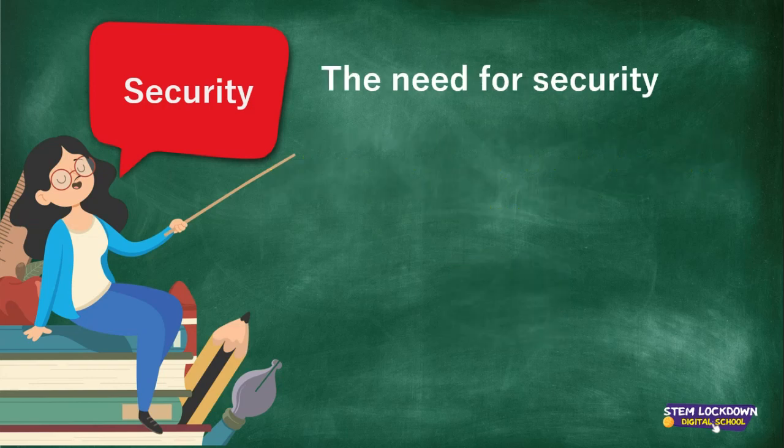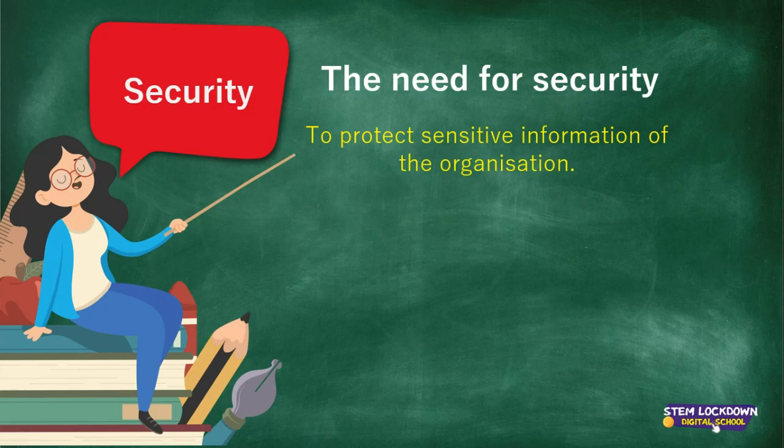All right. So why do we need security in the first place, right? The obvious one is to make sure you protect sensitive information of the organization, right? We have a situation whereby businesses are in competition. Let's take, for instance, KFC against maybe Nando's, right?